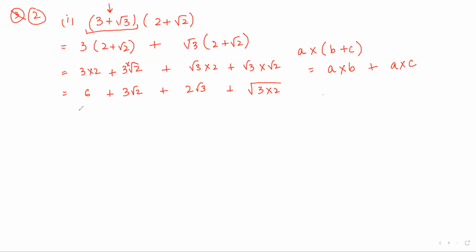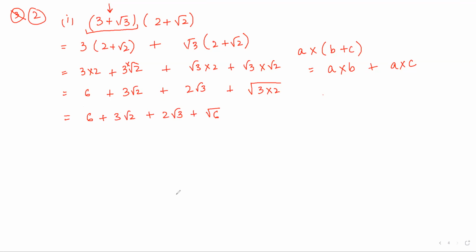Okay. So it will be 6 plus 3 into root 2 plus 2 into root 3 plus under root 6. So can someone tell me what is the answer given at the back of NCERT? Is this the answer? Yes, that's the same answer.